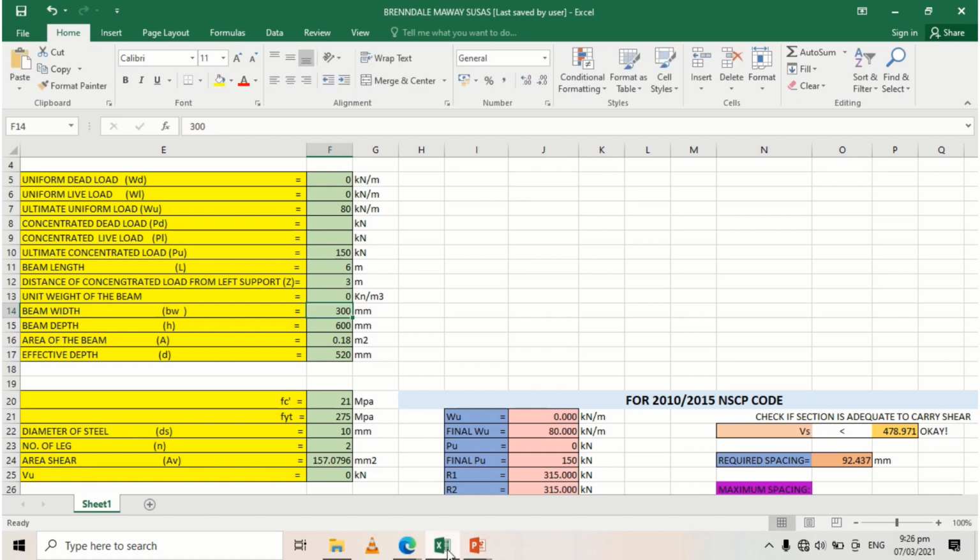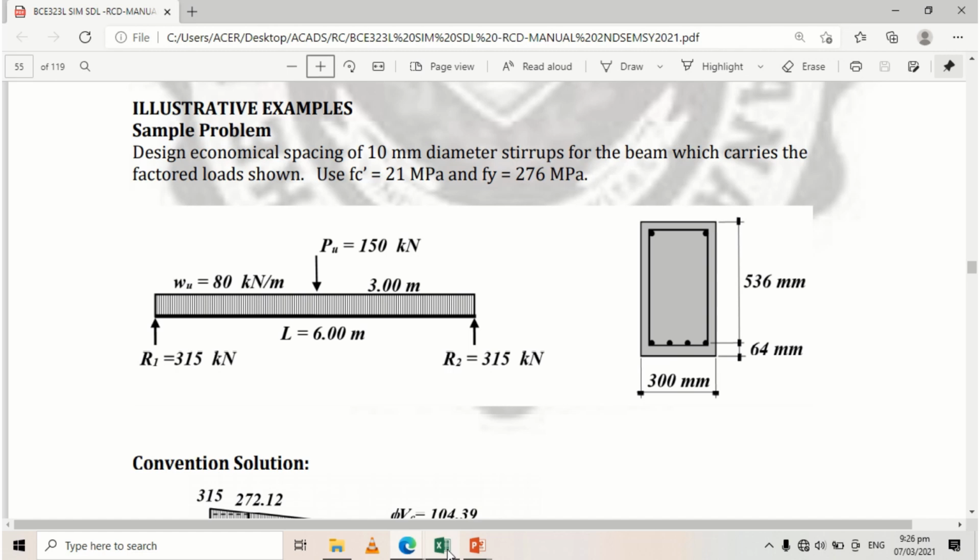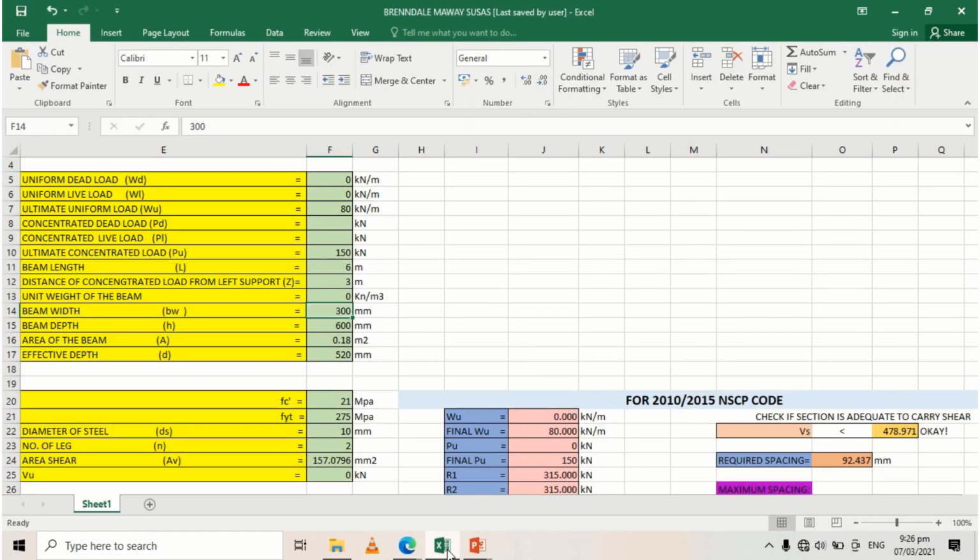Then yung beam width, check muna natin yung beam width. 300, 600, 536. fc' 21, fy 276. Then, hindi pa rin nag-specify ng number of legs. So, 2 pa rin yata.